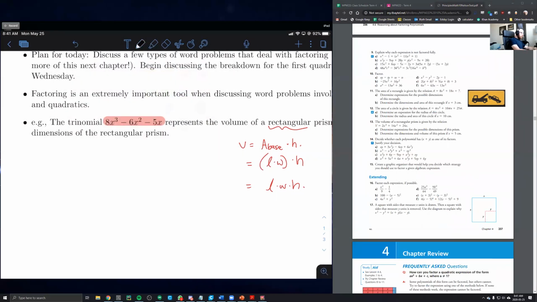Our goal right now is to turn this into volume equals something times something times something. And the way that we're going to do this is by factoring. So we won't be able to figure out what the length, the width, and the height are number-wise, but we will be able to find an expression for the length, an expression for the width, and an expression for the height. That's our goal with this.